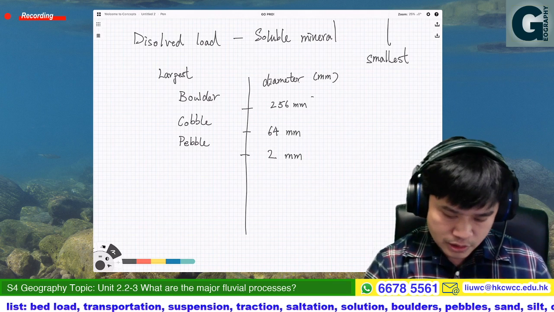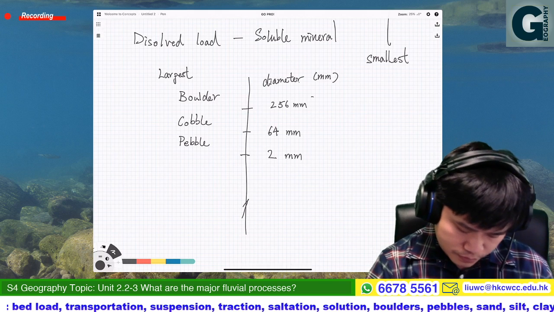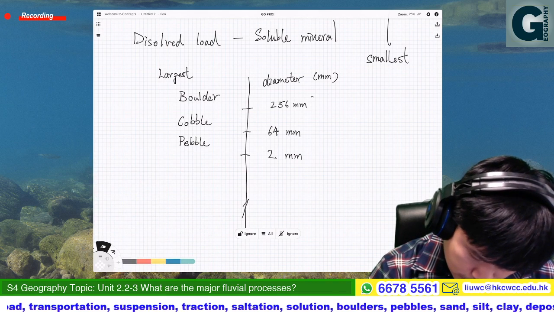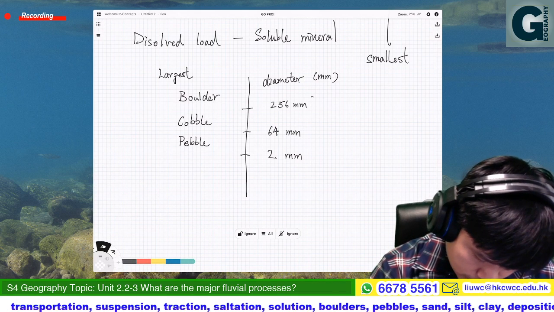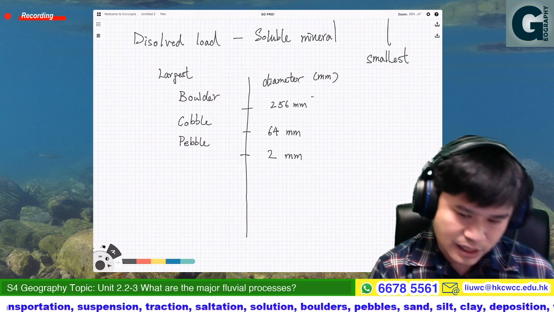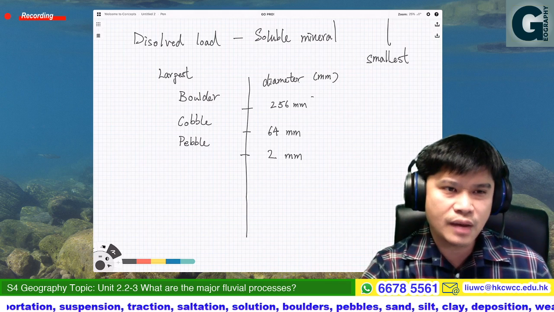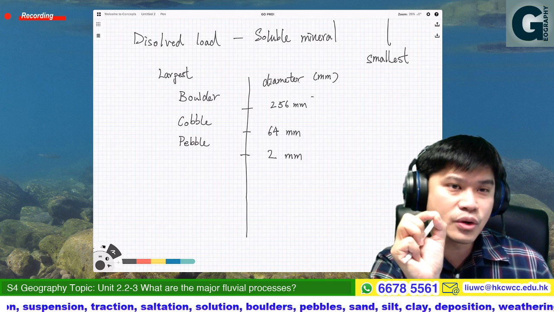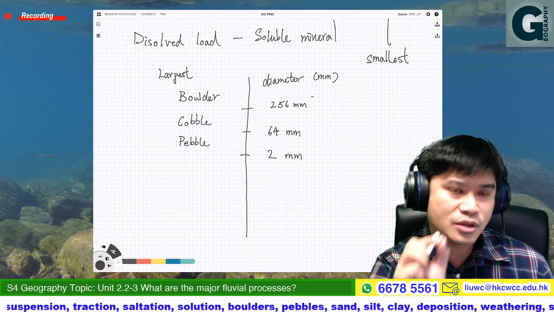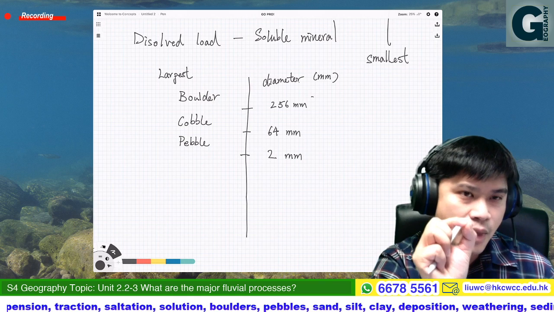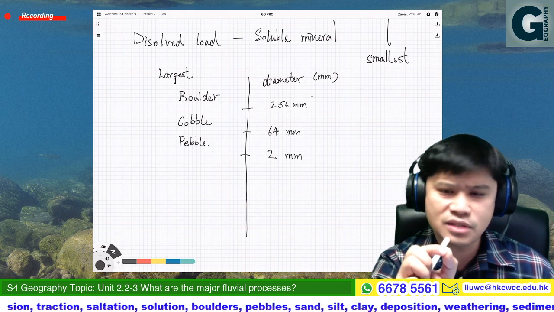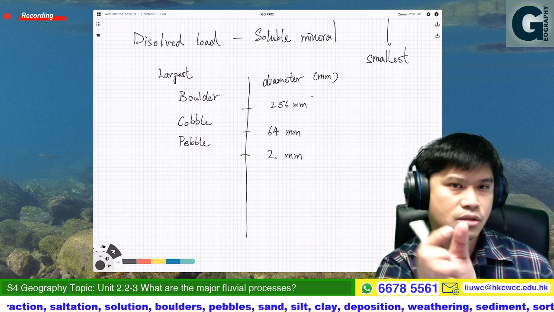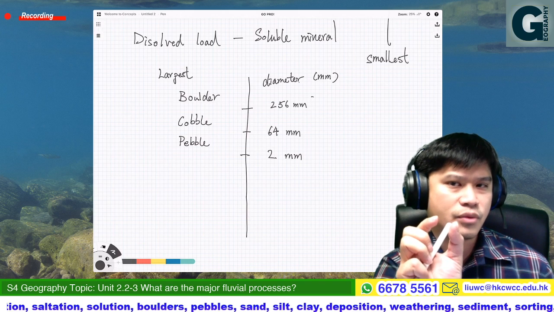Even if the rock size is just about 2 mm, we may also call these pebbles. For pebbles, it could be 2 mm to 64 mm.